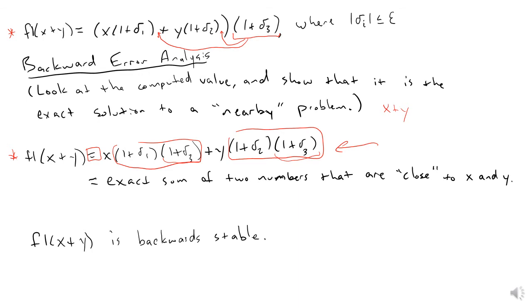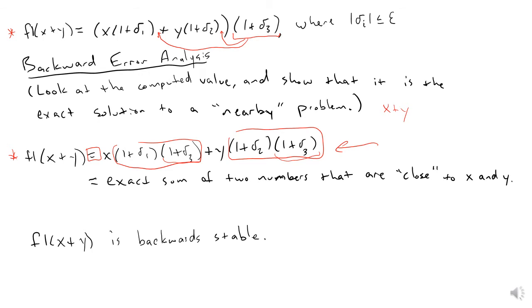This sum is some number close to x plus some number close to y. And so this is an exact solution to something similar to doing x plus y. So we would call this floating point addition backward stable.